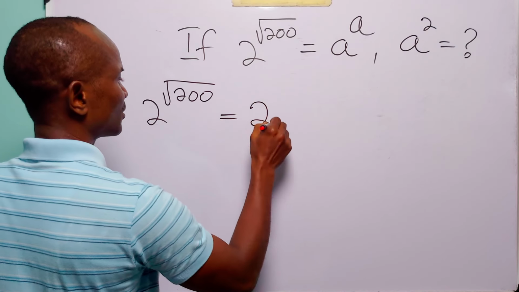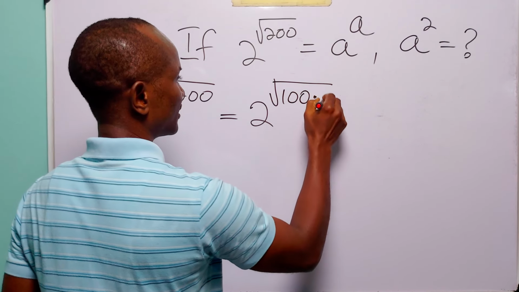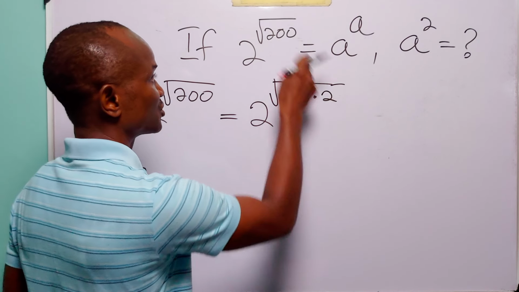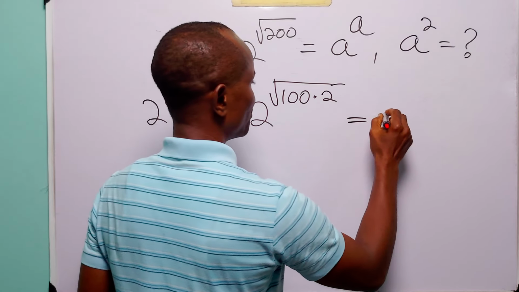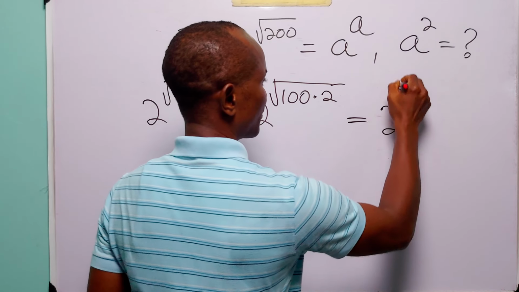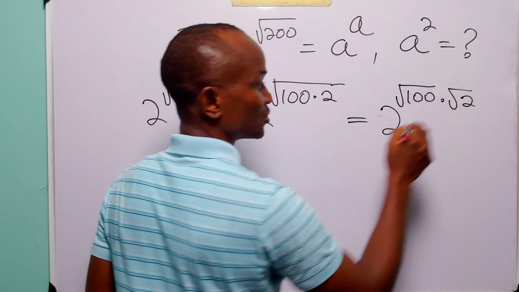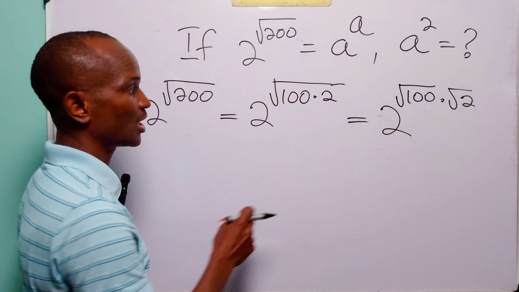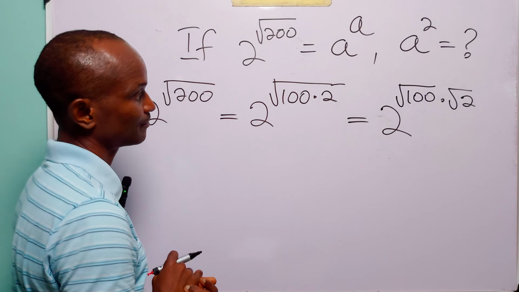Now, this is equal to 2 to the power root 100 multiplied by 2, because of course you know that 100 times 2 is equal to 200, and of course this can be broken down into 2 to the power root 100 multiplied by root 2, because since this is multiplication, we can break the square root sign apart.